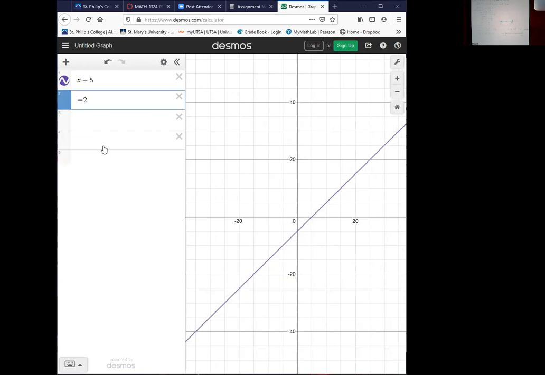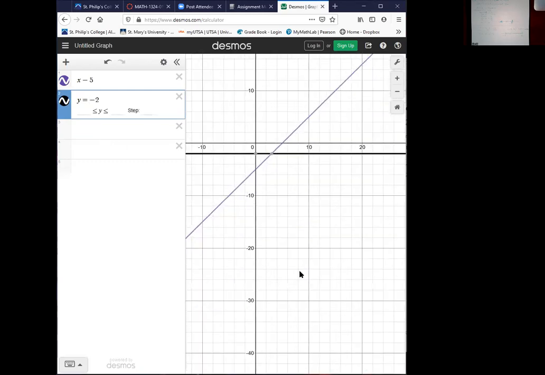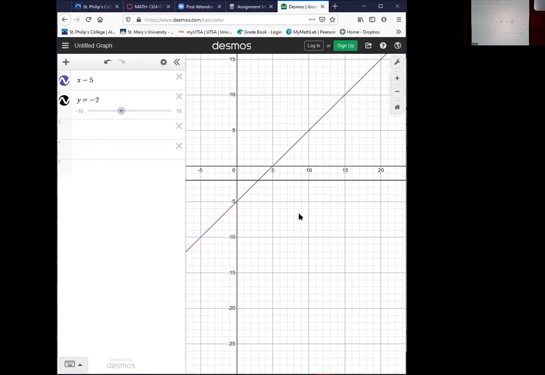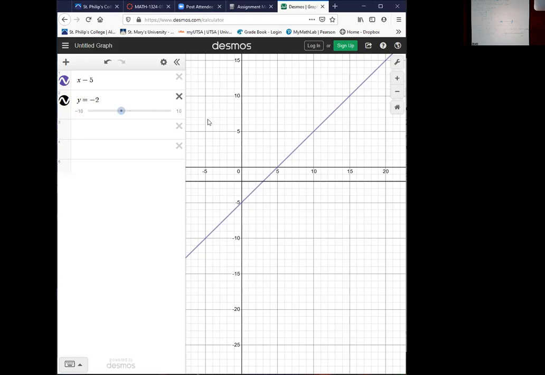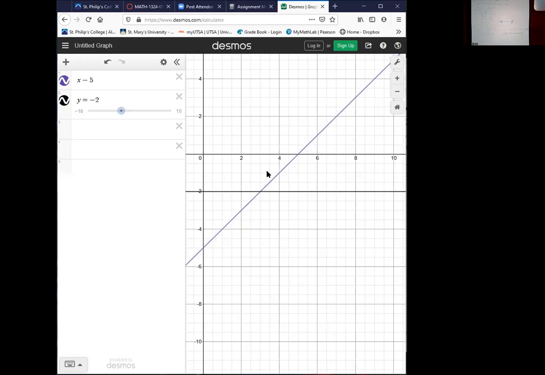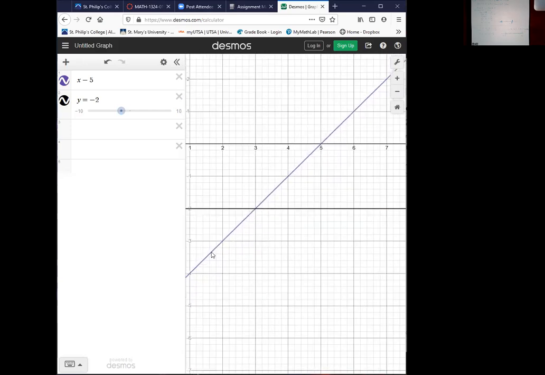I should just say y equals, just so it comes out. There we go. So it says that the first one connects when it's less than 3. So here's 3 right there. So it's going to go from here to here and then connect and then start with the black line.